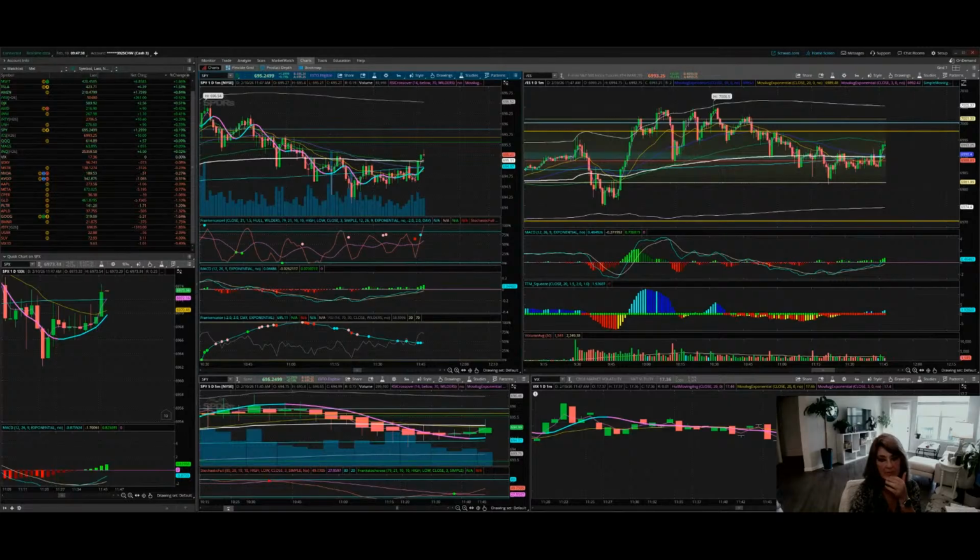So we're just a little bit over the VWAP right now. Let's see if they push back down into range.